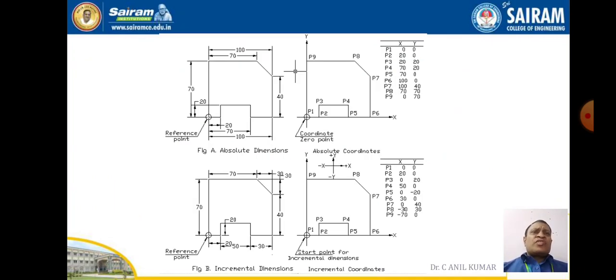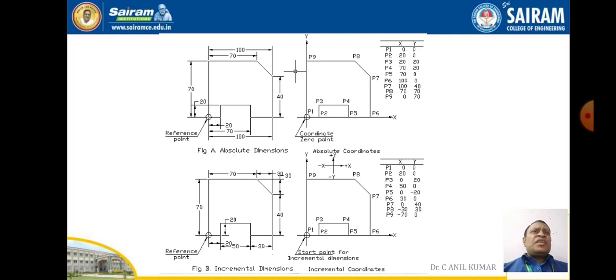The figure shows the two different types of programming, or dimensioning: either absolute dimensioning or incremental dimensioning. The first one, the top one: P1 refers to 0, 0, and if you go to P2, the x direction we are moving is 20, and the y direction is 0.